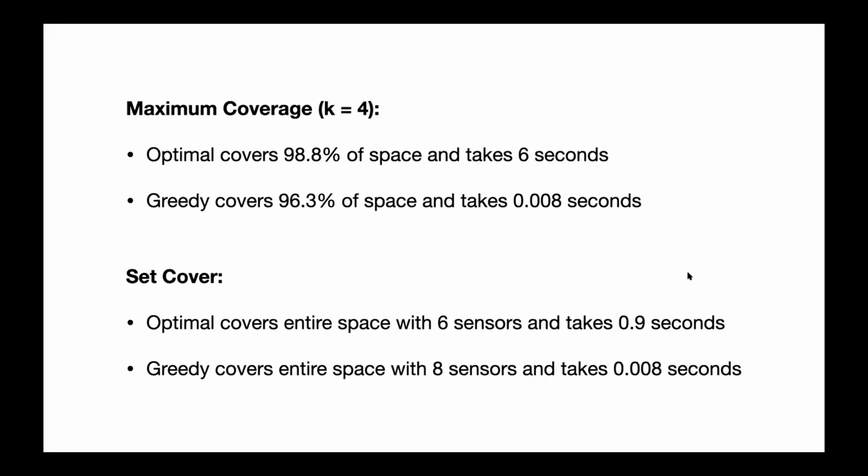But if you look at the numbers here, here's the interesting K=4 case. The optimal discrete solution ended up covering 98.8% of the space with 4 sensors, and the solver took about 6 seconds to run. With these integer programming solvers, if you add some more exotic aspects to the problem, then we saw the runtime goes way up.